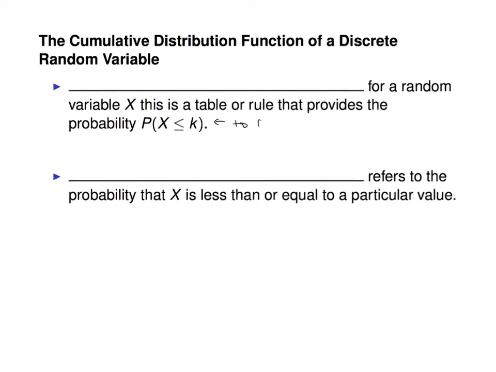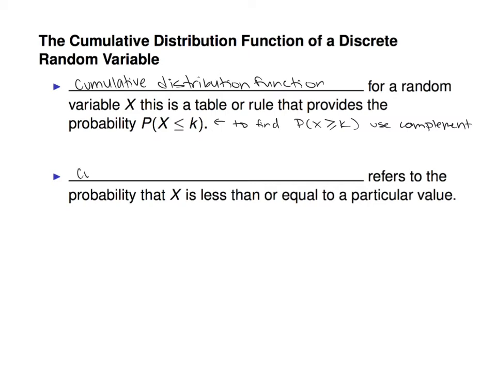And then to find the probability that x is bigger than k, you're actually going to use the complement, or something like that. We'll talk about how to do that later in some later examples. But this thing is called the cumulative distribution function, and it's because you accumulate all the probabilities up to that k value.